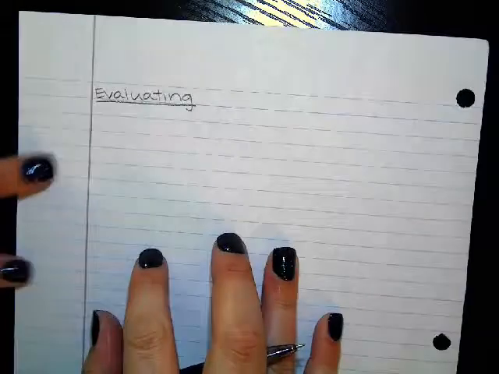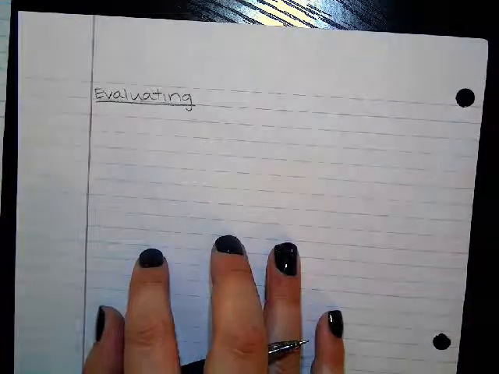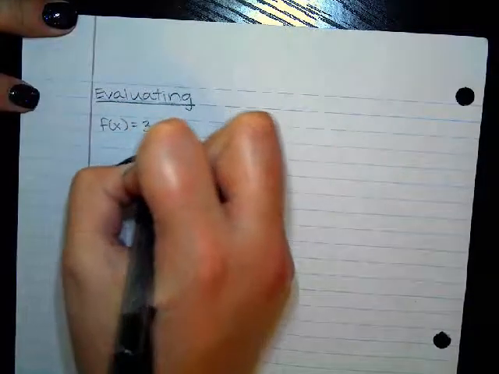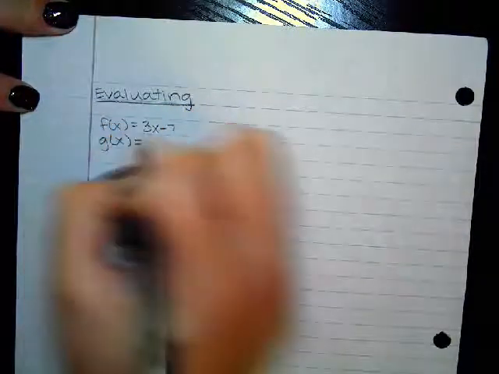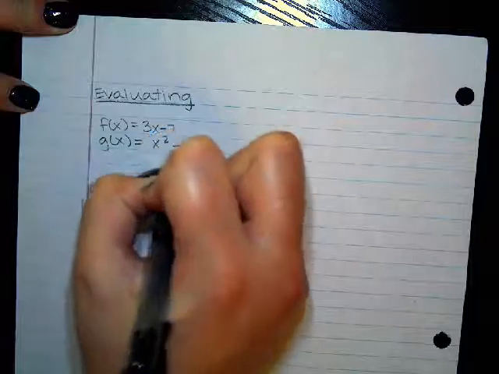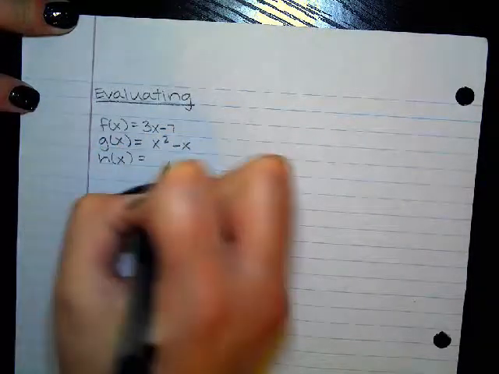All right, evaluating. So on your sheet, we're going to work with a few different functions when we're evaluating. So go ahead and write these down. We're going to have f of x equals 3x minus 7. We're going to have g of x equals x squared minus x. h of x equals negative x to the third.